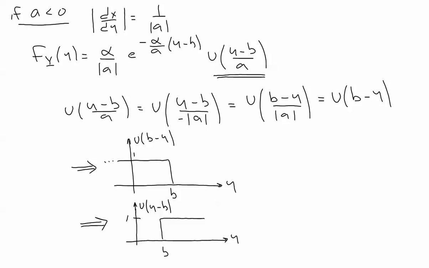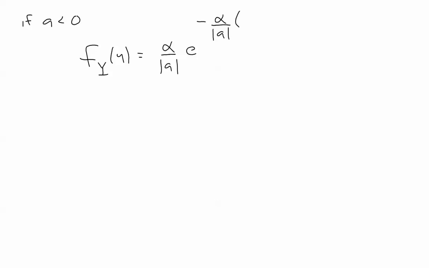So, to finish up this particular part of the problem, if a is less than 0, it's a negative going slope, then my probability density function for y equals alpha over absolute value of a, e to the minus alpha over absolute value of a times b minus y, times u of b minus y.